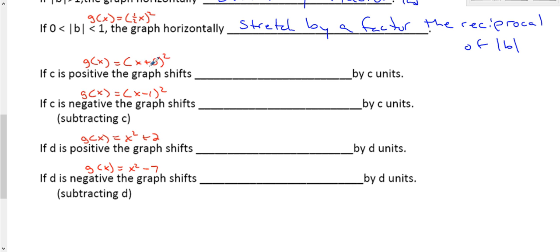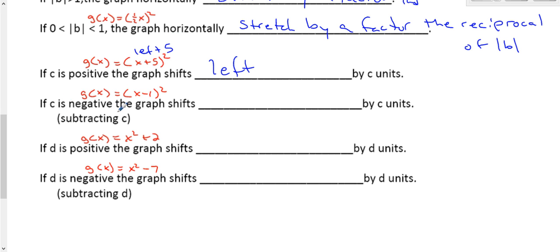And because it's on the inside, it's actually going to be the opposite, which would be shifting to the left by the number of C, whatever number this is, in our example here, 5 units. So it shifts left by C units. In my example here, this would be left 5 units.